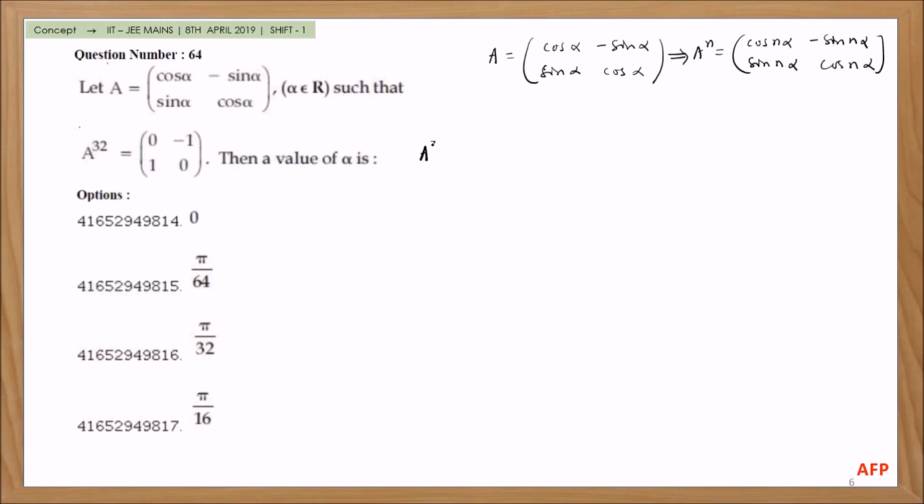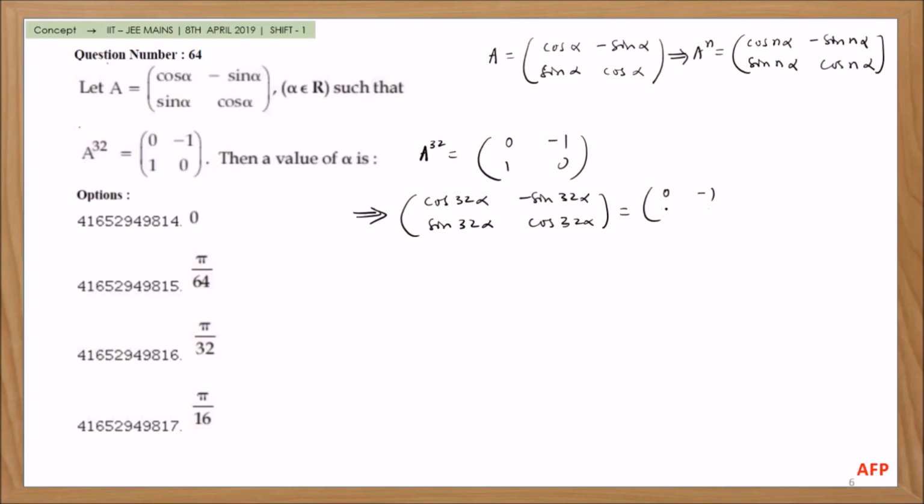So now A raised to 32 is equal to, this matrix is given. So in place of n, 32 is there. So we can write cos 32 alpha, so in place of n we are writing 32, and equal to the given matrix.